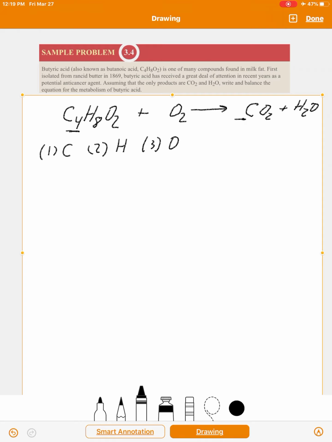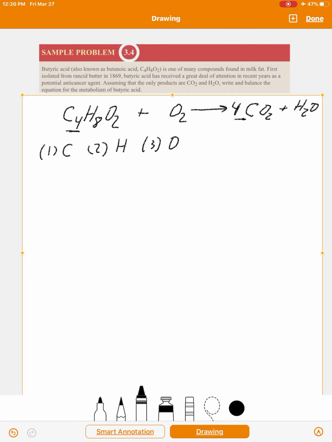Remember, if there's no number written in front of a reactant or product, that means there's one. So that means there's one carbon dioxide, which means there's one carbon. So we want to have more than one, right? If we have 4 on the left, we want to have 4 on the right. So what we do is we put a 4 in front of the carbon dioxide. So now there's 4 carbons on the right, just like there is on the left.